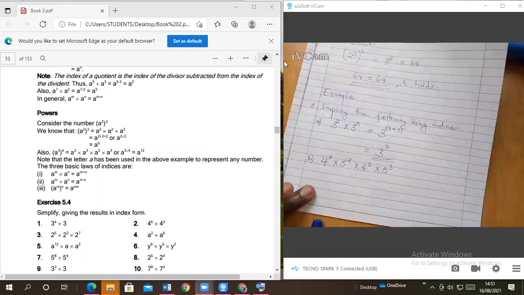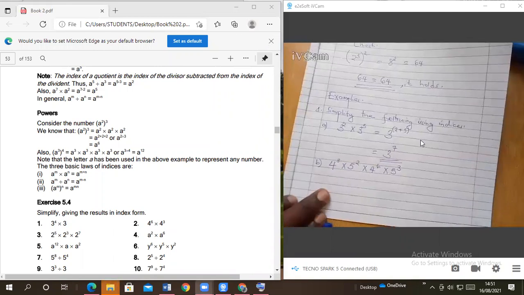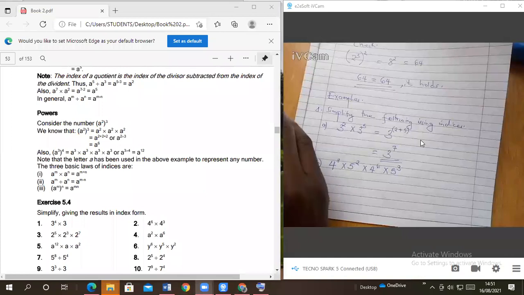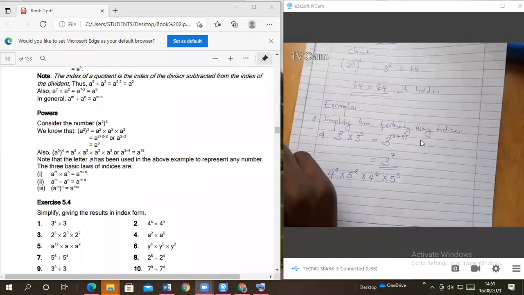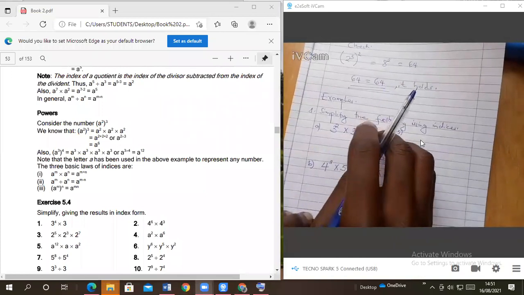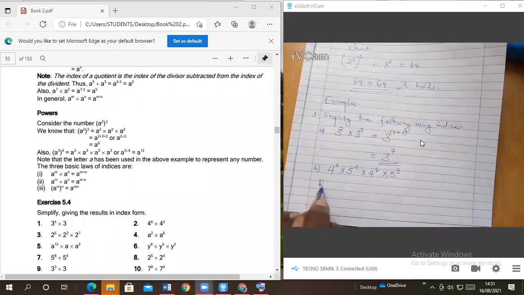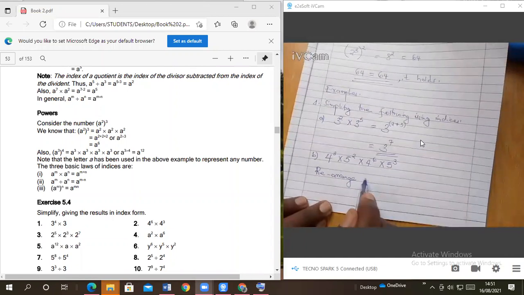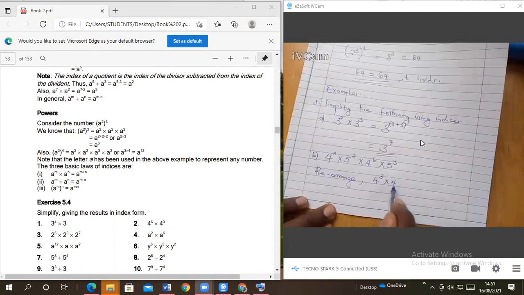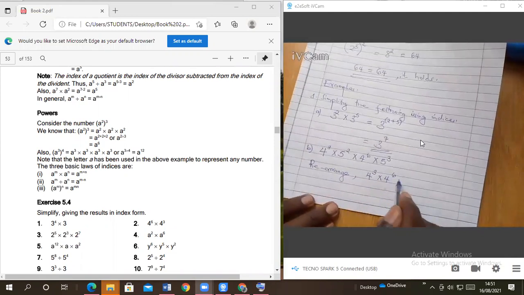Remember, the law is only applicable when they have the same base. So we are going to rearrange. When we rearrange, we shall have 4 to the power 3 times 4 to the power 6 times 5 to the power 2 times 5 to the power 3.